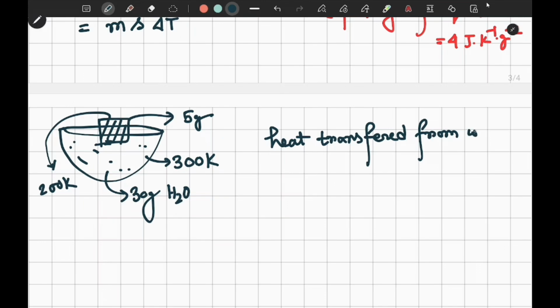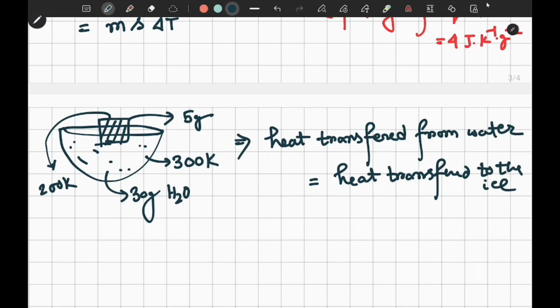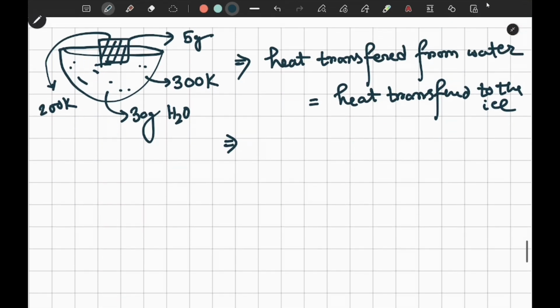from water must be equal to heat transferred to the ice. So now we can write this as M of water, S of water, and del T of the water, equals M of ice, S of ice, and del T of the ice, which we have to find out.